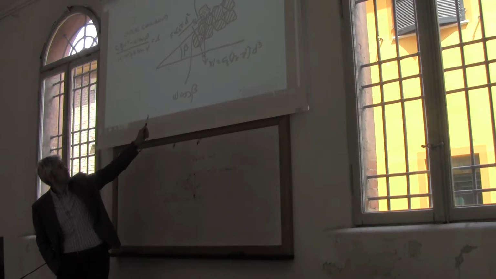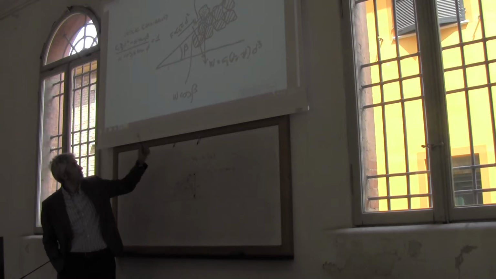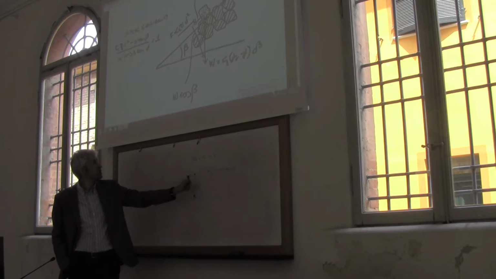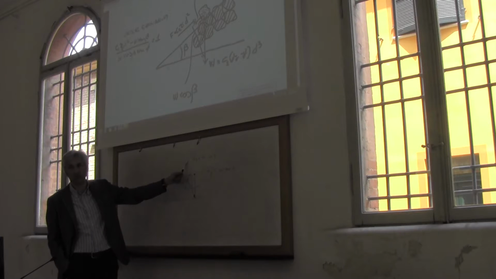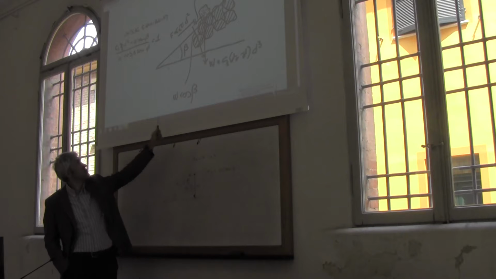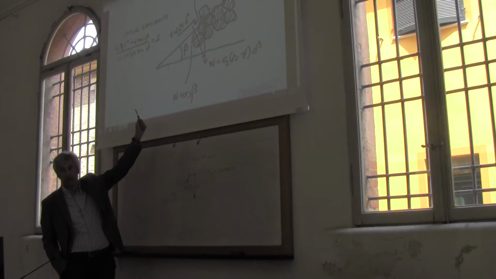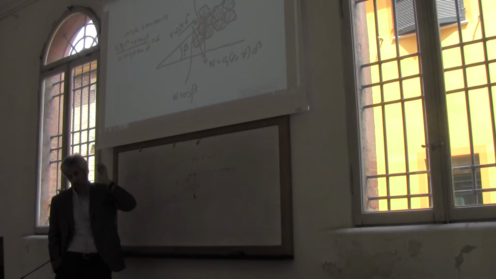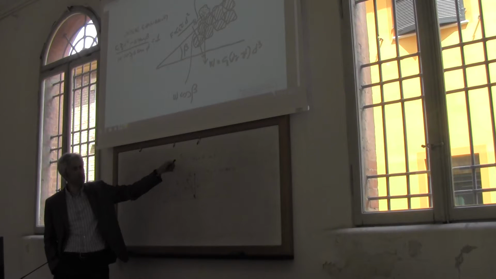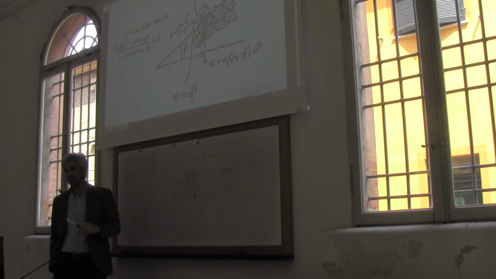It's called here... No, sorry, it's WP, perpendicular. So WS is side, along the side. Ah, okay. I thought that S stands for stabilizing. No, sorry. Sorry for that. These were symbols that I decided just here. And it means along the side. Okay?